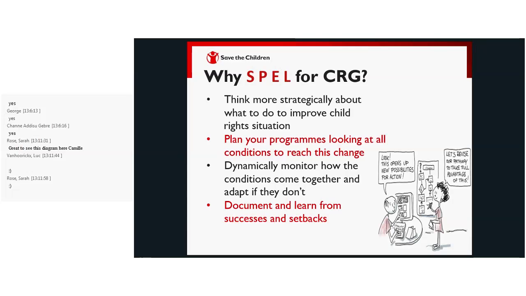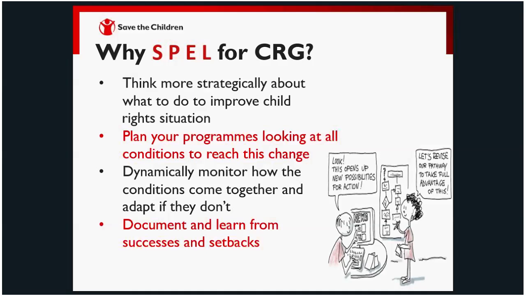So the first process of SPEL will help you think more strategically about what to do to improve the child rights situation. Then those M&E systems lacked a better planning tool, looking at all conditions or paths or tactics that can be implemented to reach an end goal, a program end goal.